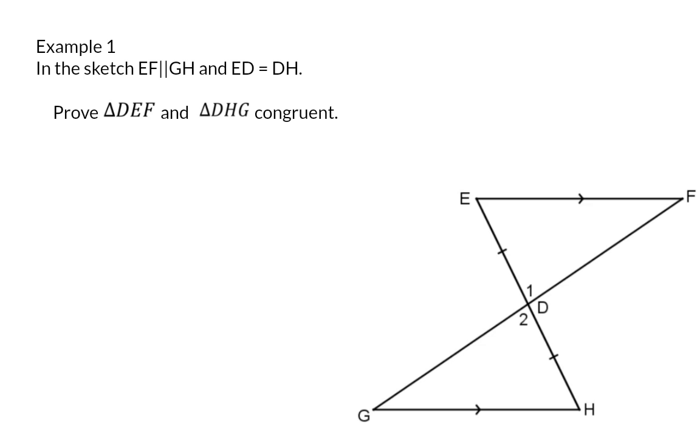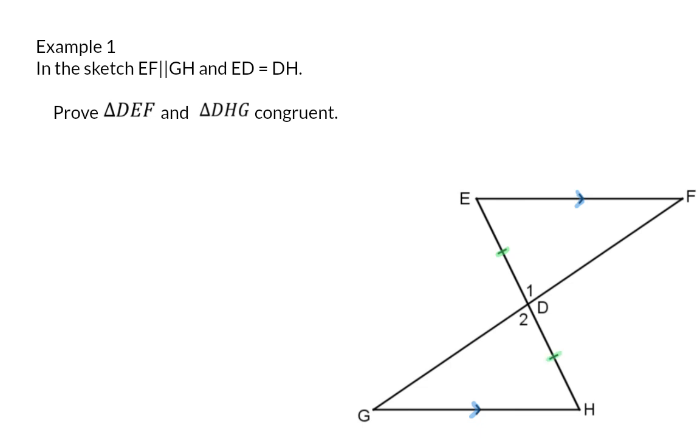Example 1. In the sketch, EF is parallel to GH. So now you need to immediately remember that you might be able to use alternate, corresponding, or co-interior angles. Then we are also given that ED is the same length as DH.